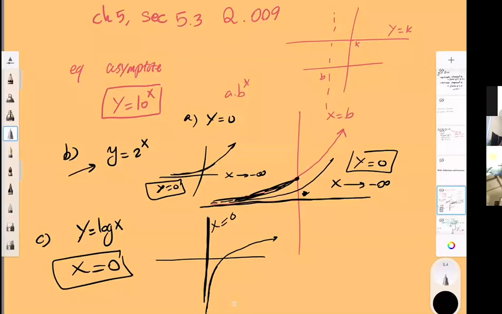Let's go to the last question. This is on the practice exam, chapter 4, section 4.4, question 18.